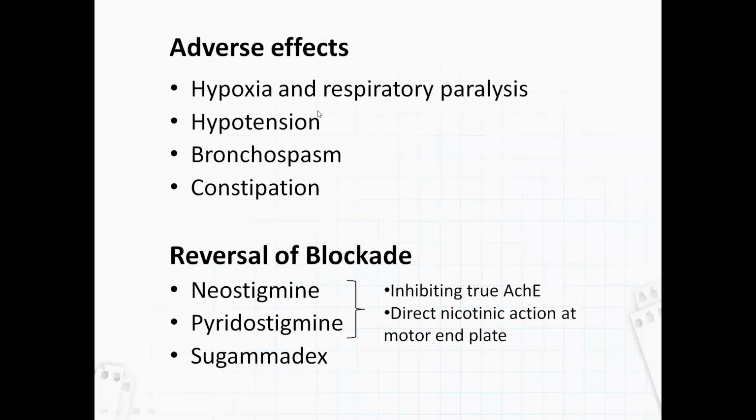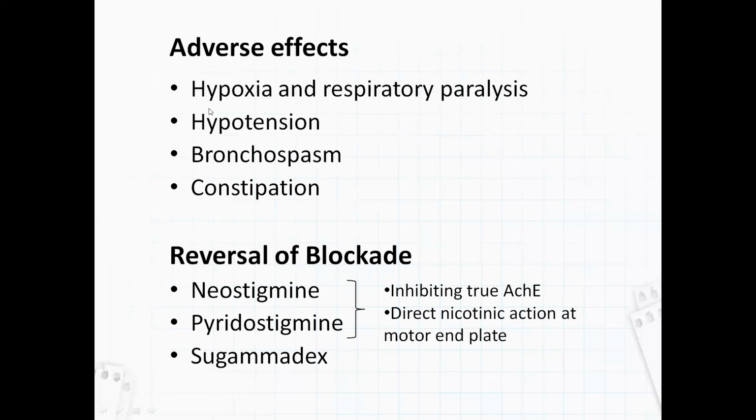Coming to adverse effects, they are hypoxia and respiratory paralysis. Why? Because of the skeletal muscle paralysis, if it is taken for a prolonged duration in larger amounts, in the end it will also affect the intercostal muscles and diaphragm, which can cause respiratory paralysis and hypoxia.